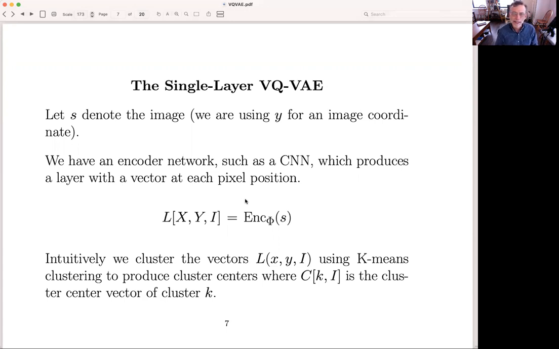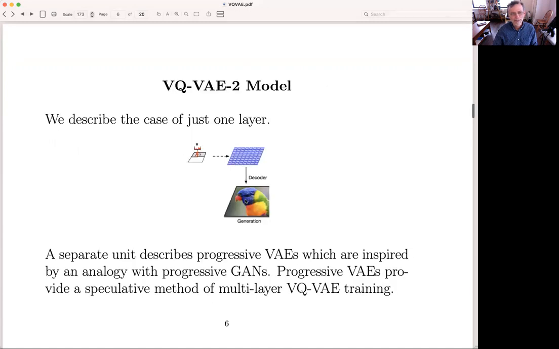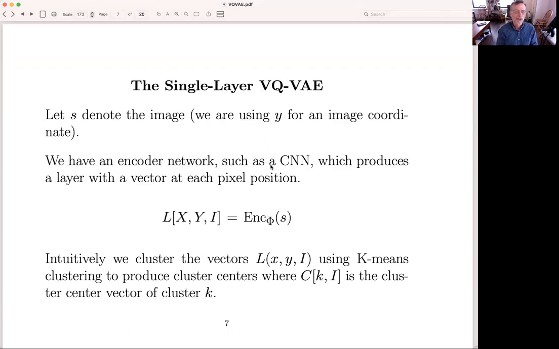In a VAE, we have an encoder, a prior and a decoder. So the VAE is going to take this image, and it's going to have an encoder that generates the latent information. The first thing we're going to do is take our image, and I'm going to use S as the image because I'm using Y as an image coordinate.